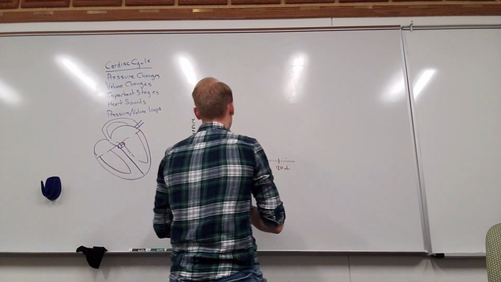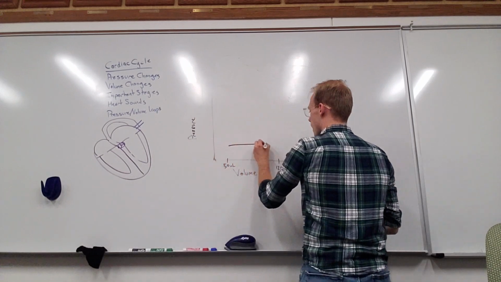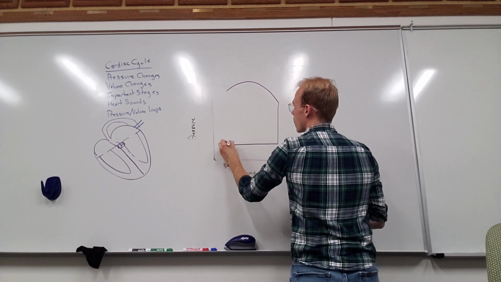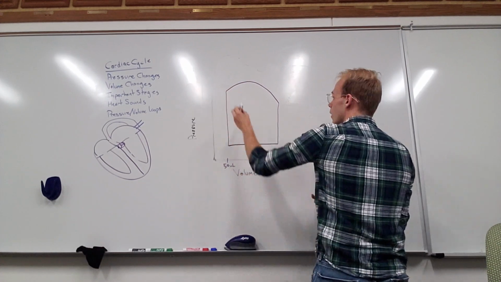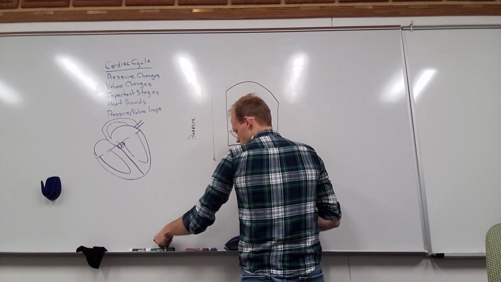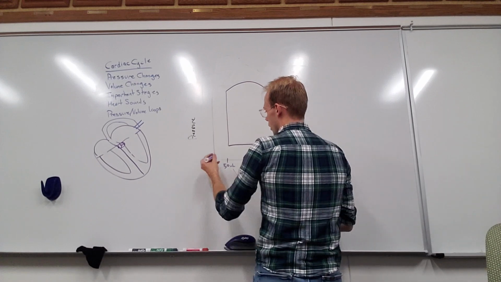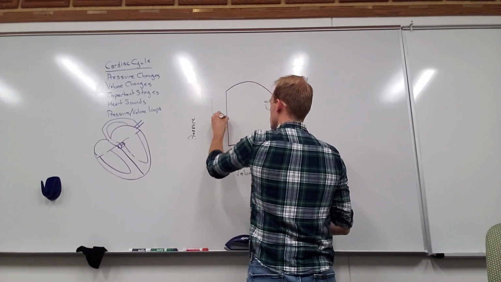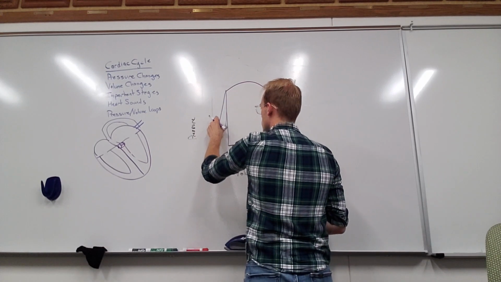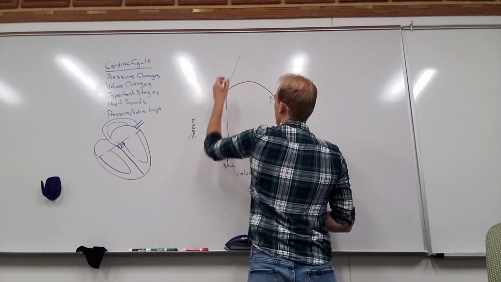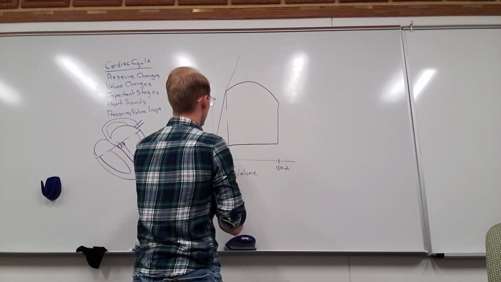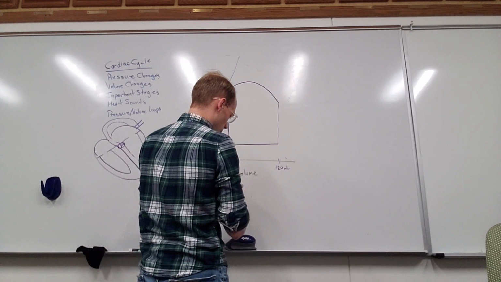So I'm going to draw our normal loop. This point right here is when the ventricle is maximally contracted. So I'm going to draw that inotropic line. There we go. That's straight enough. Okay.